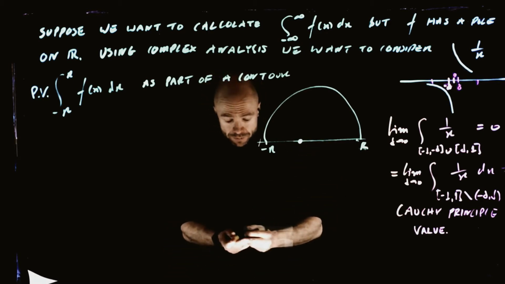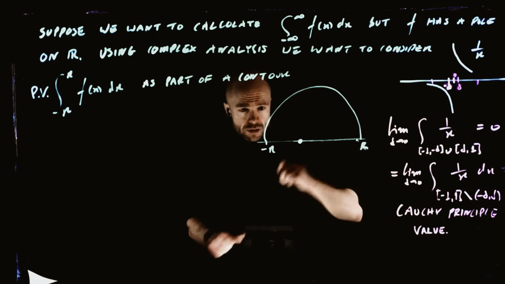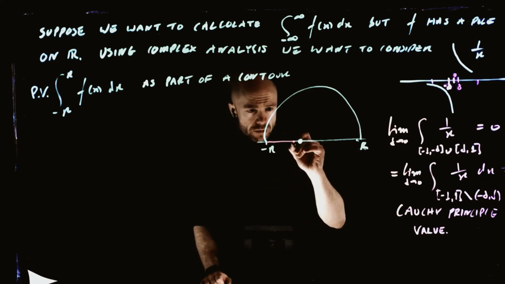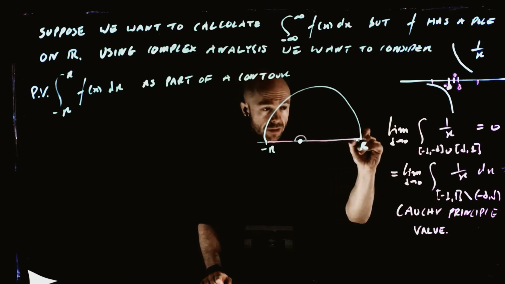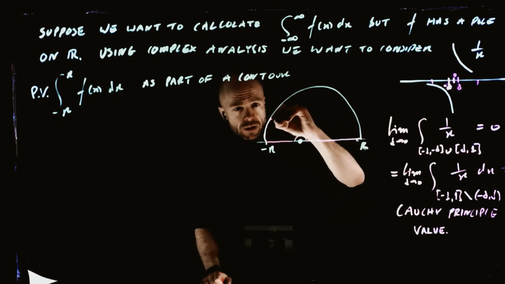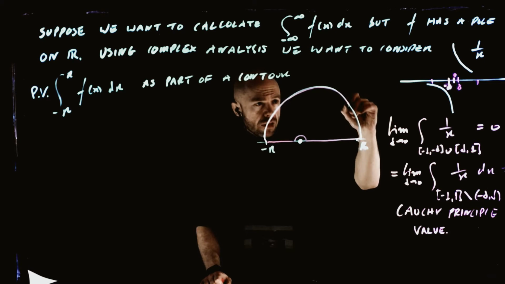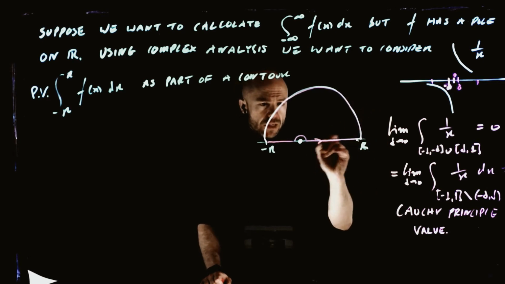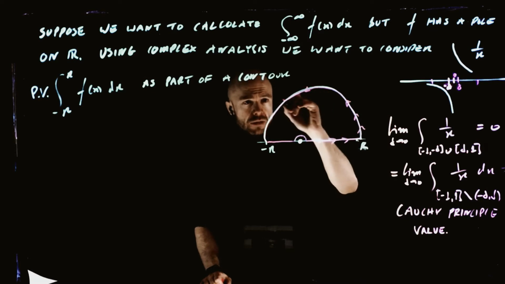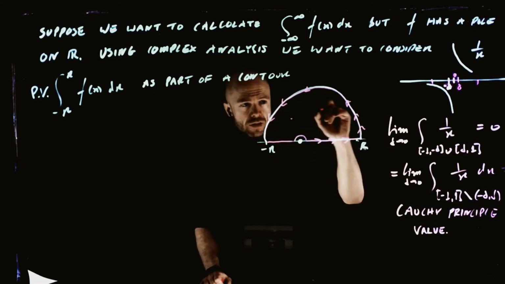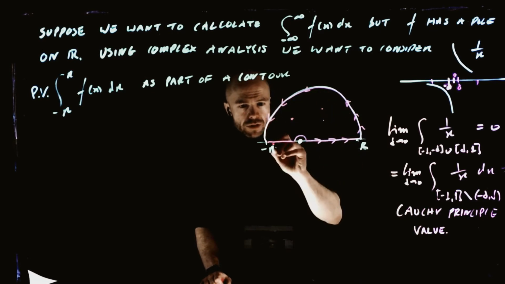So what we're going to do is take a little bump around it like this. That thing will miss our singularity. And presumably there will be singularities in the upper half of the semicircle.